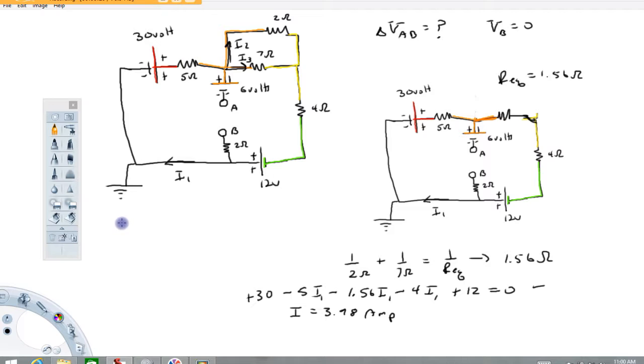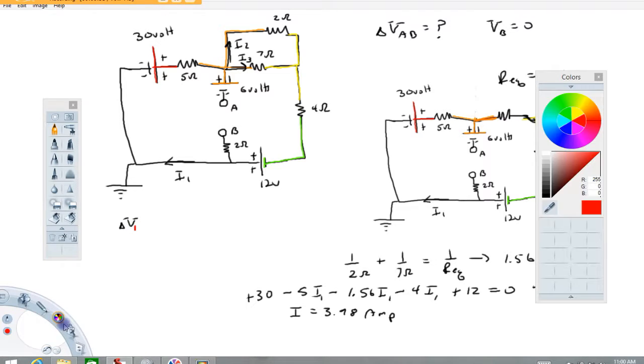The delta V, when we go from red to orange, is equal to the current 3.98 amps times the value of that resistance, 5 ohms.